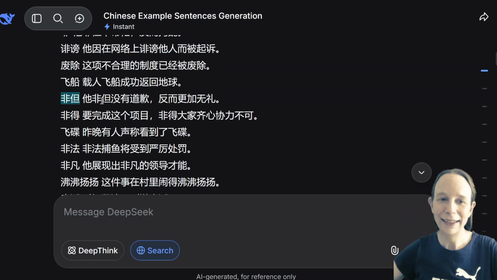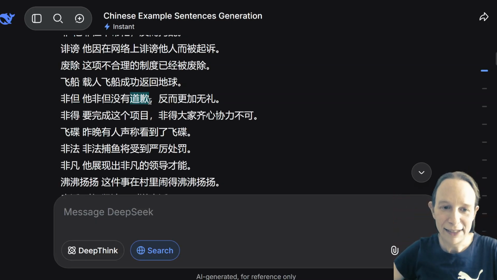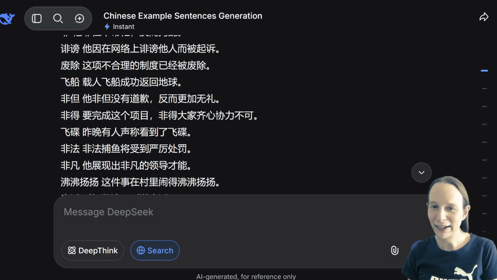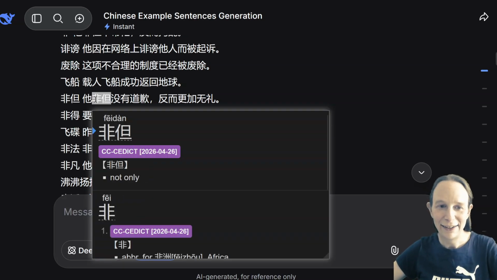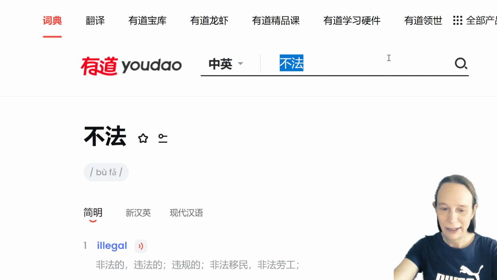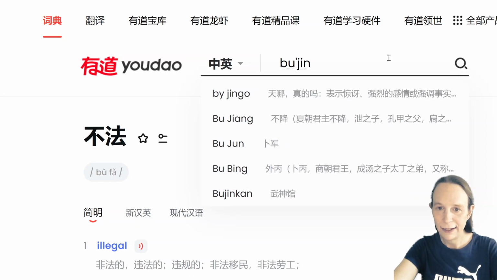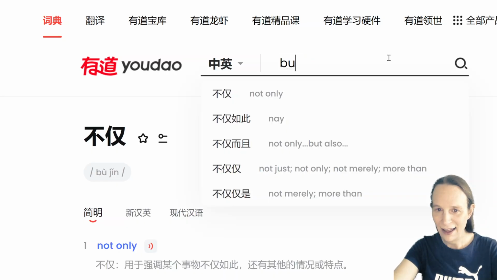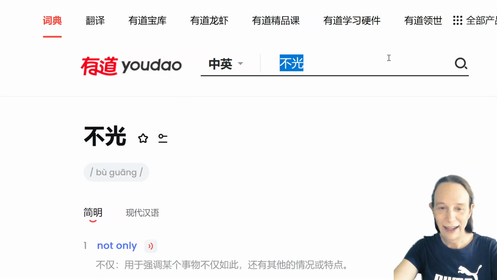非但, meaning not only. 他非但没有道歉，反而更加无礼. So he not only didn't apologize, he got even more impolite. 非但. Yeah, there's multiple other ways of saying not only. So 不仅, 不光, and 不止.